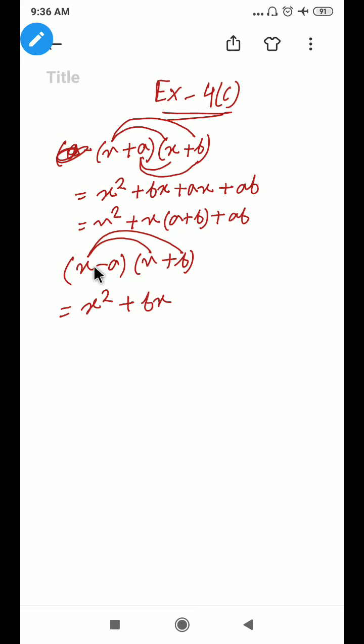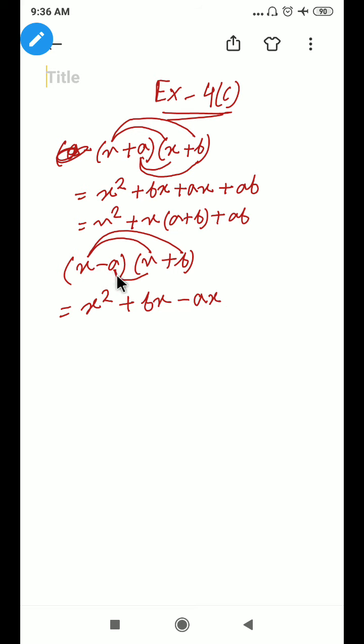So our x work is finished. Now hold a. Then multiply a into x, it will be nothing but minus ax. Why? Because whenever we multiply something, first we multiply their signs. So a's sign is given here as minus and x's sign is given here as plus. So plus into minus will be minus. So minus ax happens here.